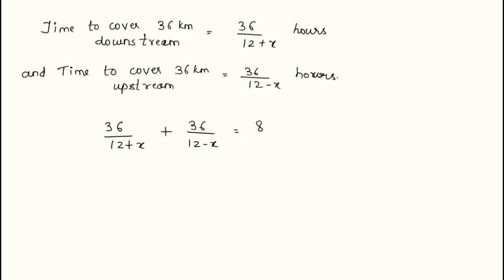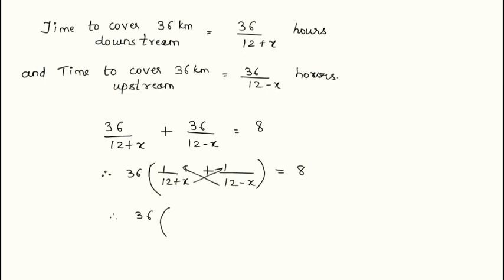Now let's solve this. As 36 is common in both, we will take 36 outside. 36 into 1 upon 12 plus x plus 1 upon 12 minus x is equal to 8. So we will solve this further. 36 into, to make a common denominator, we will multiply this numerator by this denominator, and this numerator by this denominator.